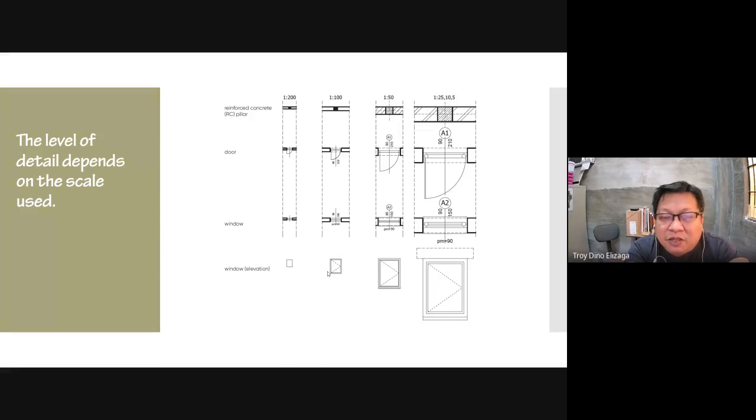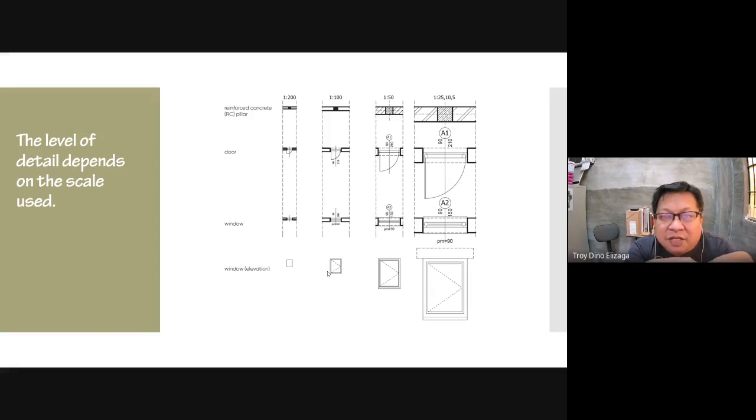In the case of a window, you just show that the wall is thick in section, and then a few lines to represent the window, and that one line at the middle is the center line of the window, depending on how you dimension your drawing. Then in elevation, it's a simple rectangle. But when the drawing is bigger, like 1 to 100, your elevation window can show the jambs, and it can also show the location of the hinge, that outlined arrow.